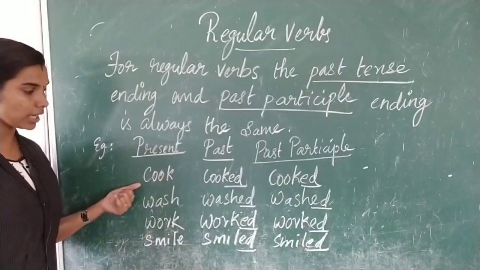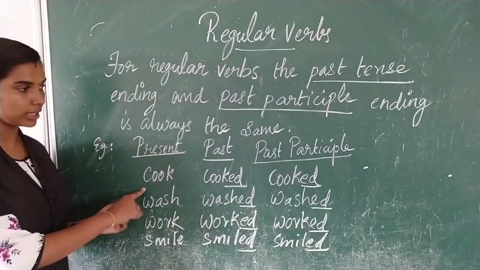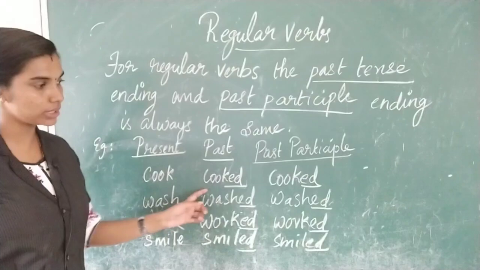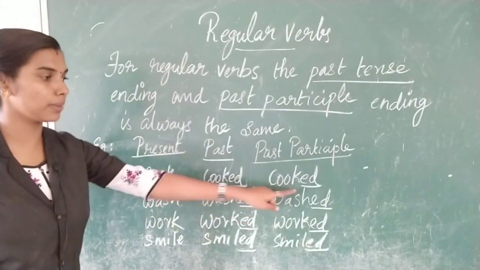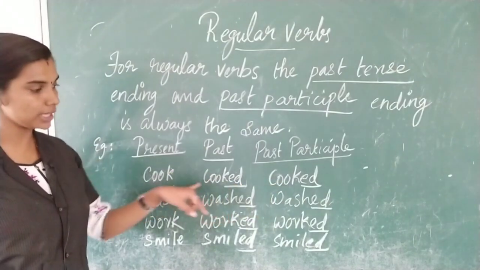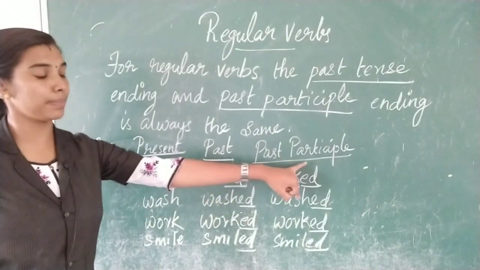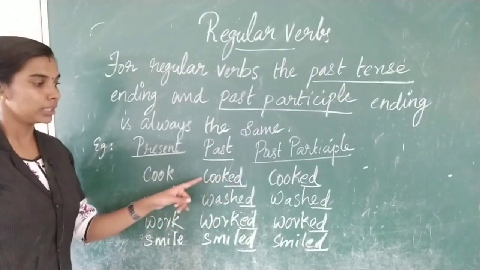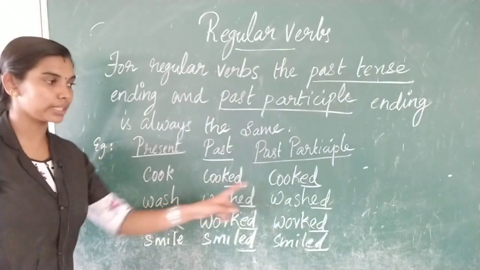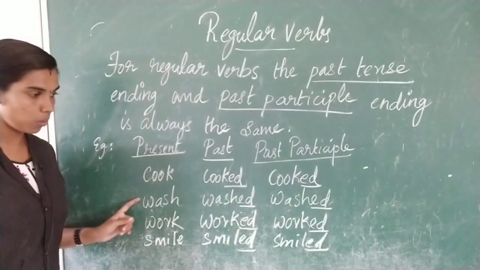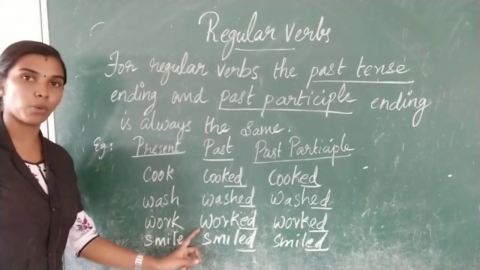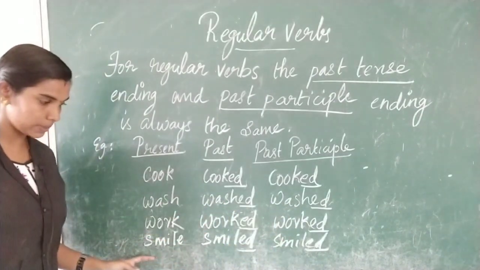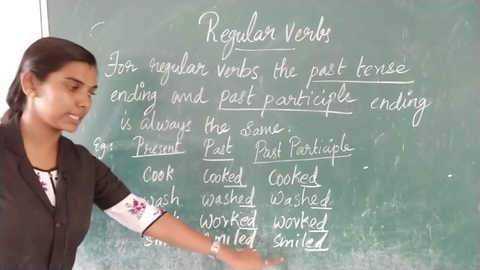So here the present tense cook changed to cooked and cooked. Here the verb remains the same in the past and past participle tenses: cook, cooked, cooked; wash, washed, washed; work, worked, worked; smile, smiled, smiled.